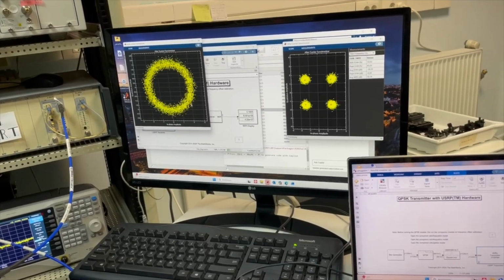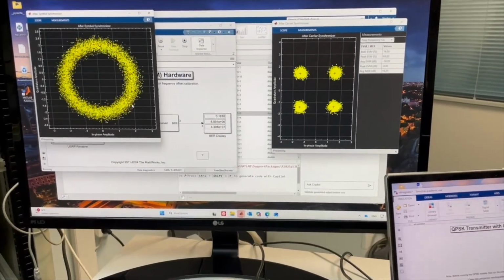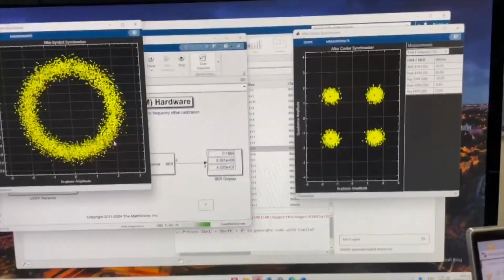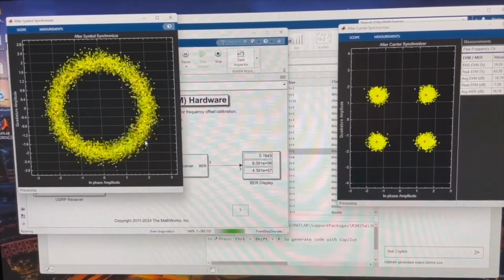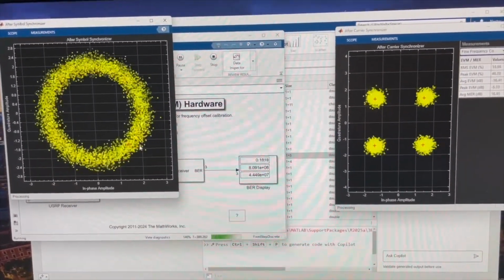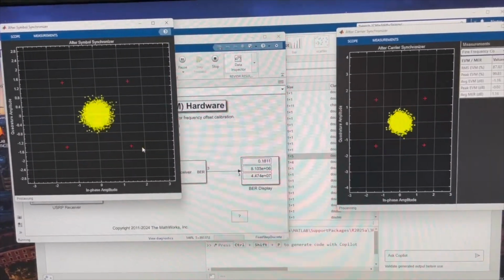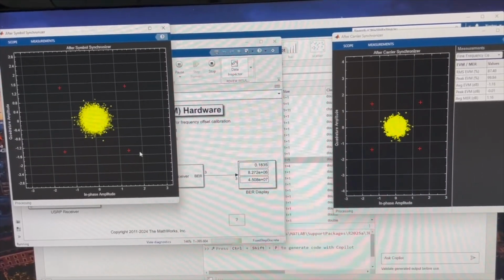In 9 dBm. In 12 dBm. In 13 dBm. The laser is off.